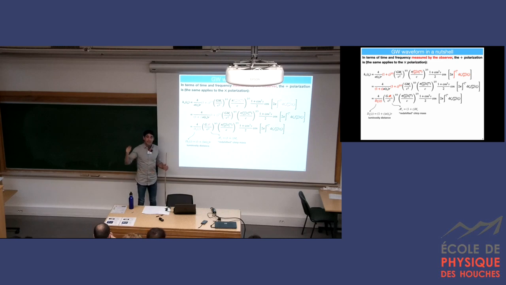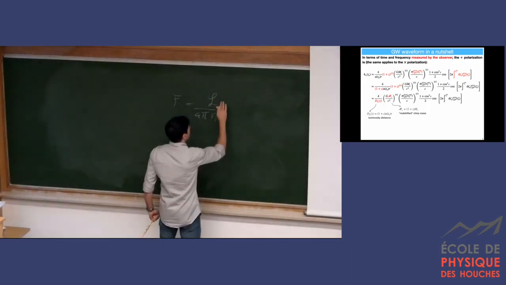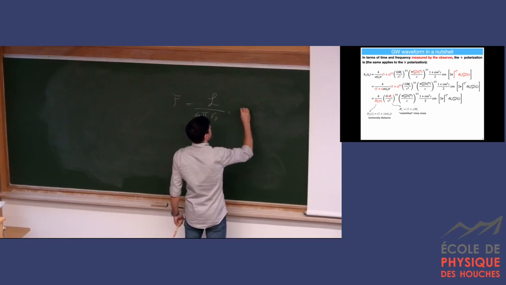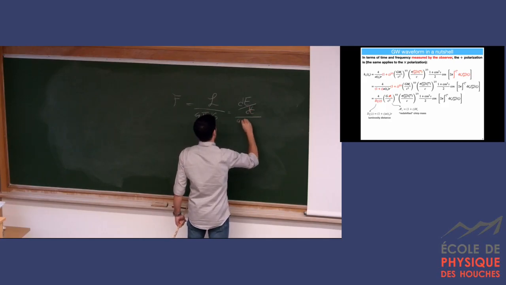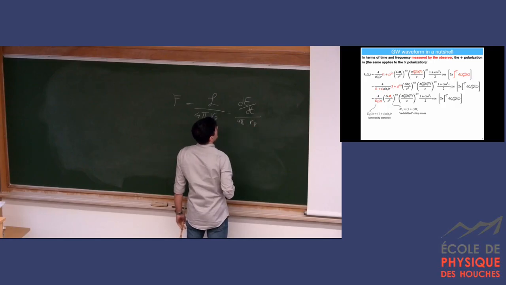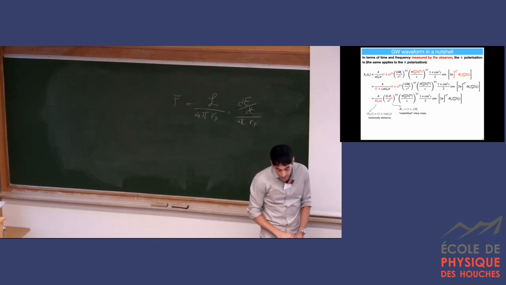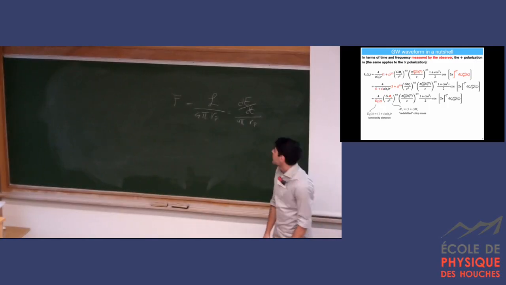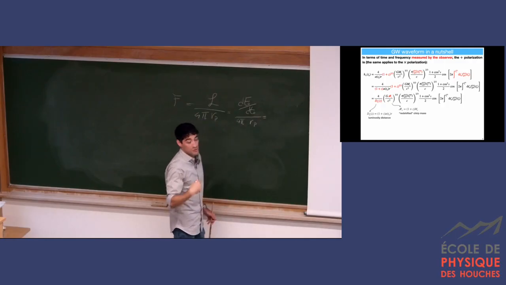So the flux is given by L divided by 4 pi Rp. The luminosity I can express as dE over dt divided by 4 pi Rp. And now you have to account for the fact that these quantities are expressed in the observer frame, right? So you want to rewrite these two quantities in terms of source frame quantities.